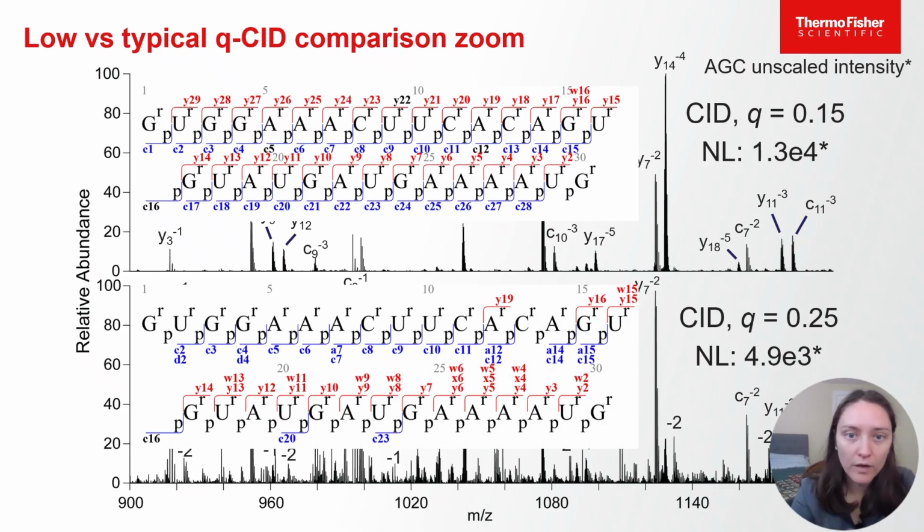And so if we look at the fragmentation or the sequence coverage of our oligo, we can see that they are somewhat comparable and that we get some good coverage on the normal Q CID on the bottom. But if we compare it to the low Q CID value on the top, the sequence coverage is very complete, and we have the complementary ions of the C and the Y, which can really increase the confidence of your identification.